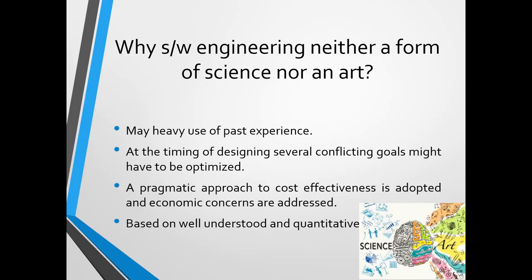Now the second issue: it is an engineering discipline. While designing a system, there may be several conflicting goals, and these conflict situations can arise when a software developer develops any software. In such situations, no unique solution may exist, and several alternate solutions may be proposed.